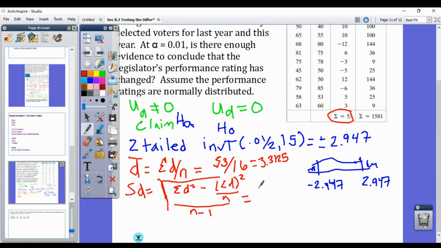All right, so let's go ahead and plug in. We are going to get 1581 minus 53 squared over 16, divided by 16 minus 1. All right, so if I plug all that in, I'm going to get, what, 9.68? Okay.